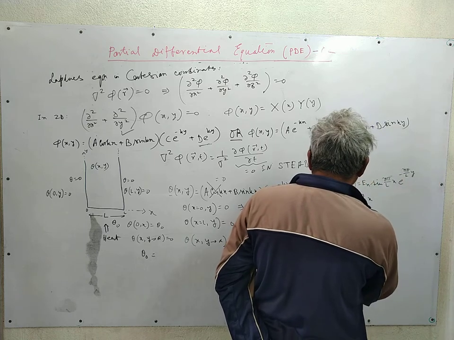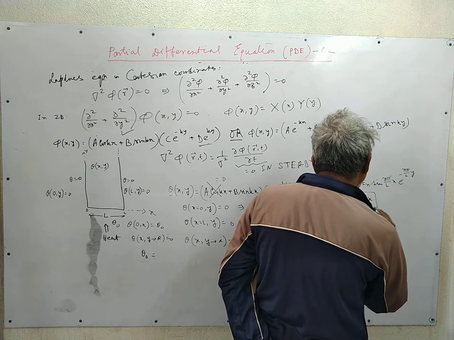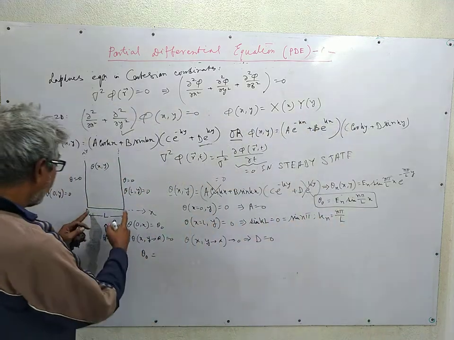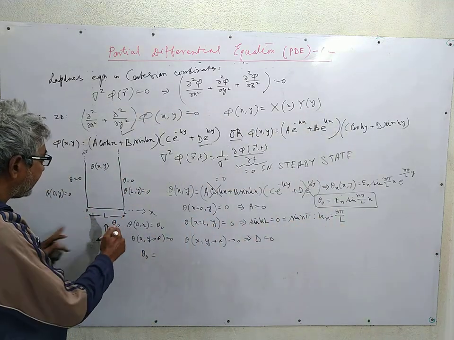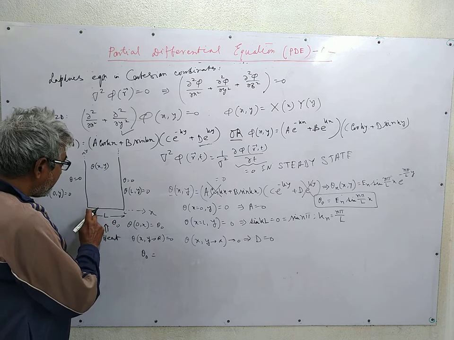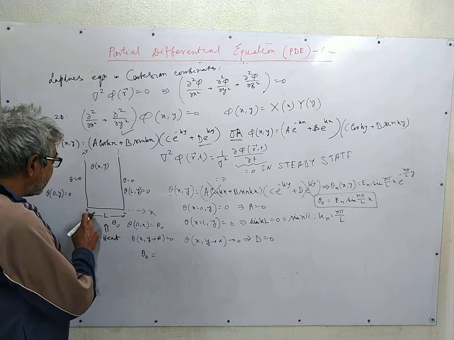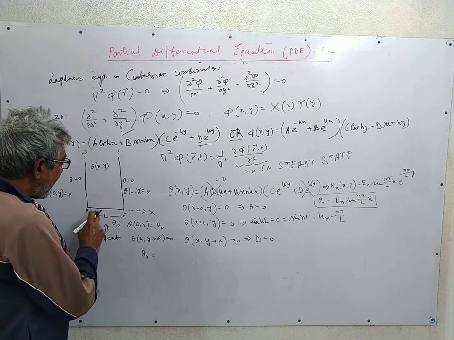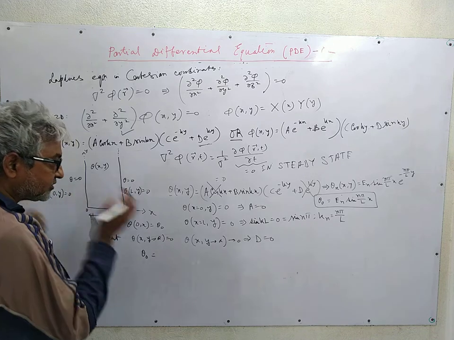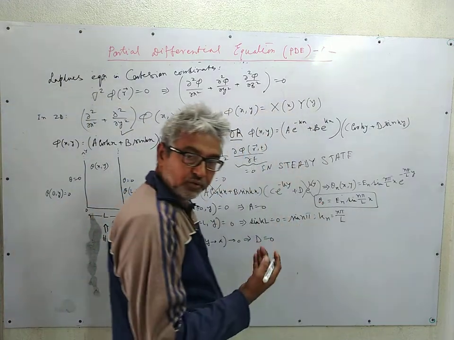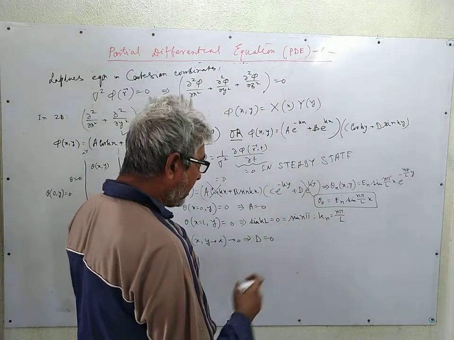So this is E_n. If we heat this plate uniformly over here, then theta 0 will be a constant. For non-uniform heating, theta 0 will have dependence on x. So in general, theta 0 has x dependence.